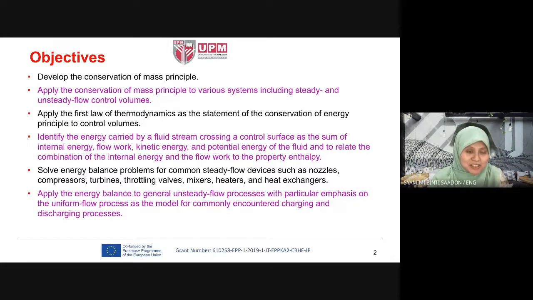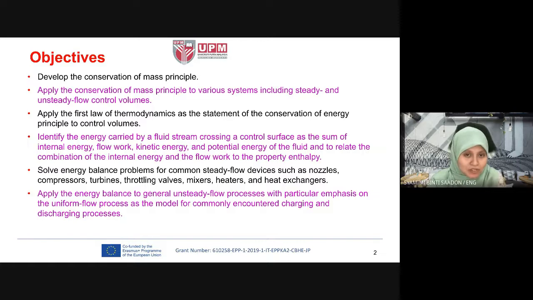These are the things that we are going to see today. Conservation of mass: this I have mentioned, because from conservation of mass we also derive the conservation of energy, which is the first law. Then the conservation of mass principle, steady flow, and conservation of energy.